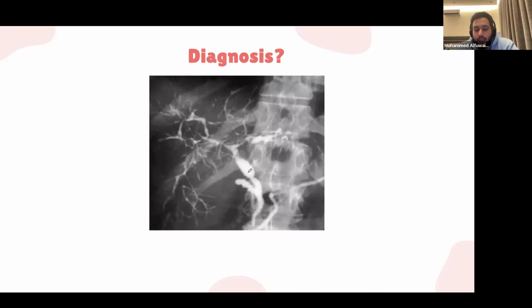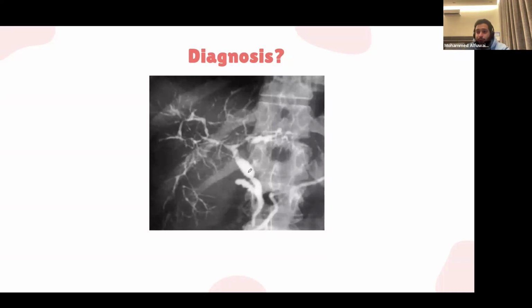Okay. Now, primary sclerosing cholangitis is it in males or females more? Good. It's in males more. Now, primary sclerosing cholangitis is associated with what other disease? Ulcerative colitis. Good.